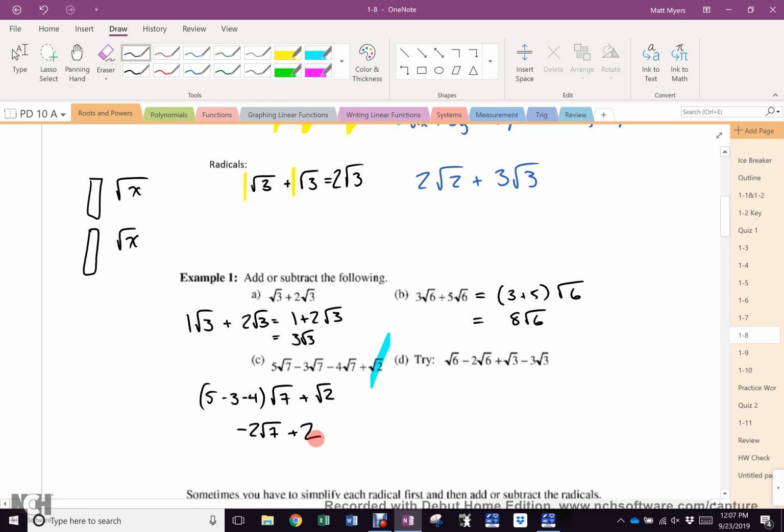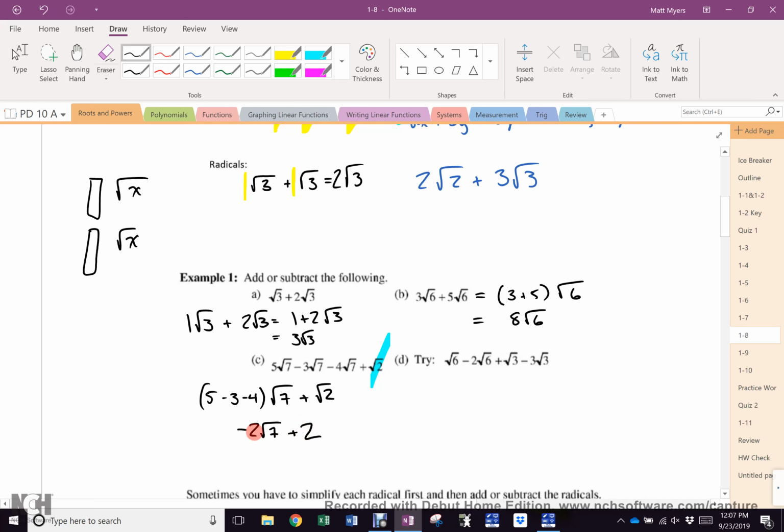Now, some of you will come across teachers that actually care how you write this expression. I do not. I don't care how you dress up your answer as long as you have the answer.